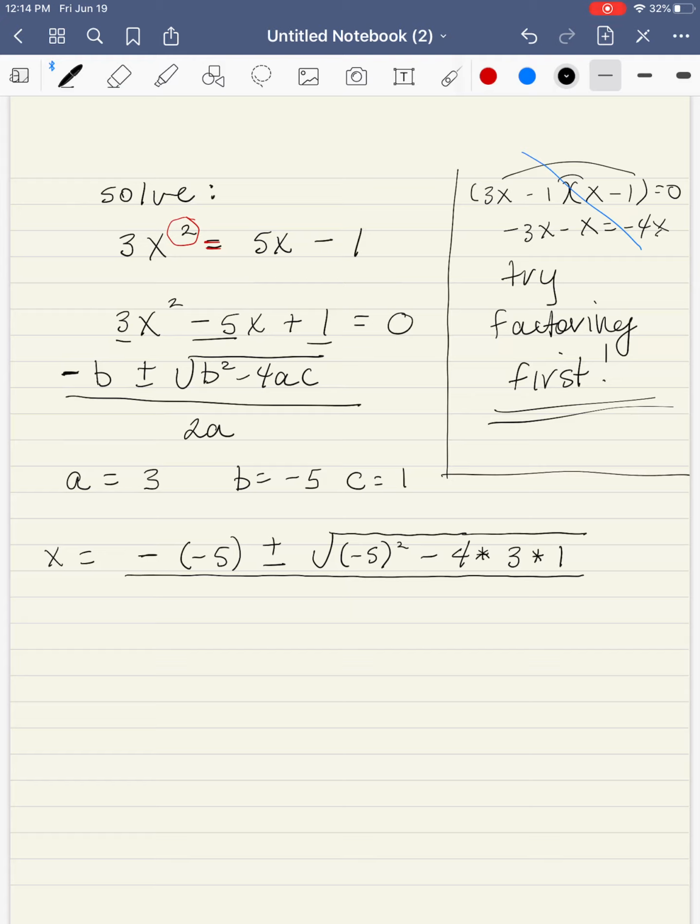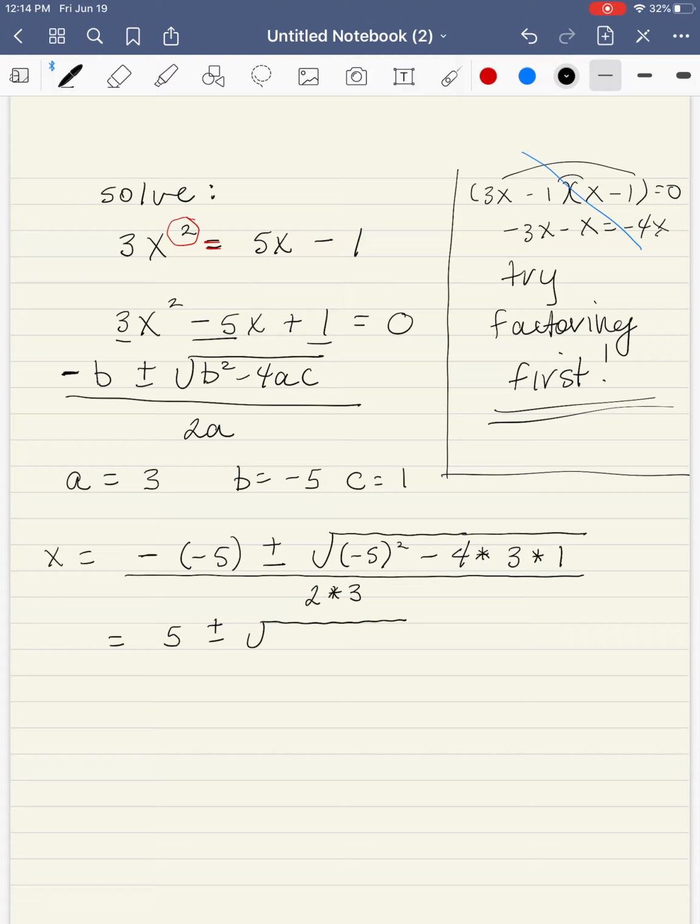All over, and be sure that you bring this division line all the way across, 2 times a, and then I simplify. -5 is +5, plus or minus the square root.